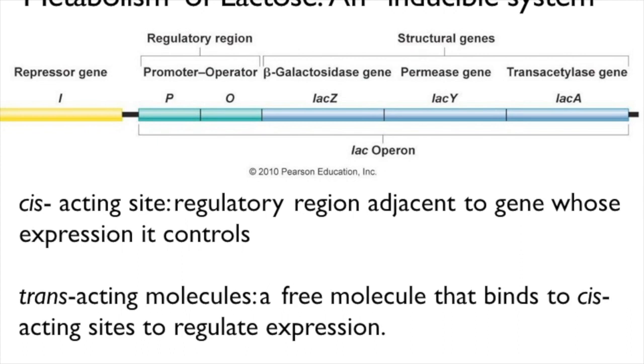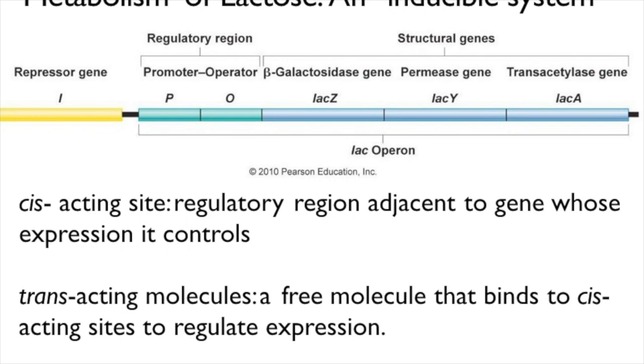Now, this has to do with regulation of transcription of the structural genes, Z, Y, and A. So when we talk about cis and trans, we're talking about things that affect whether Z, Y, and A are transcribed. That regulatory region does not get transcribed. The repressor gene doesn't get transcribed. The only thing that gets transcribed are these three structural genes.